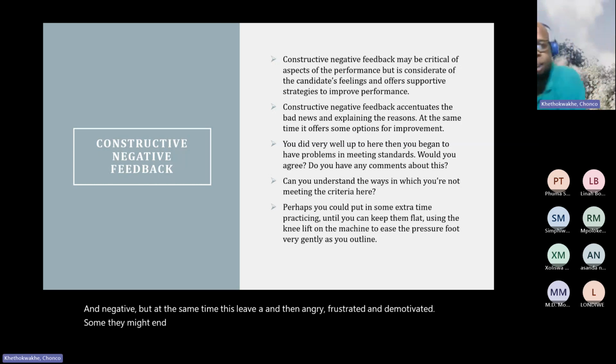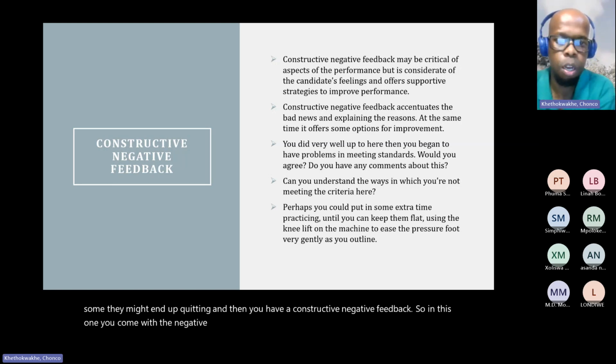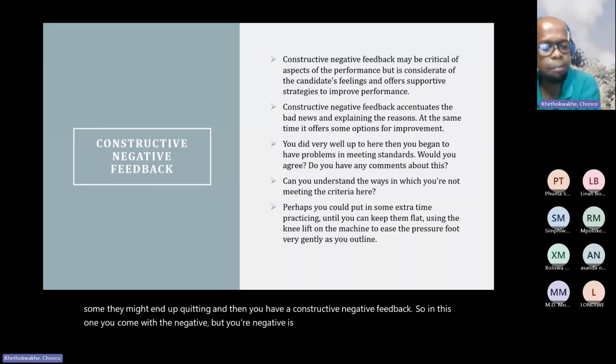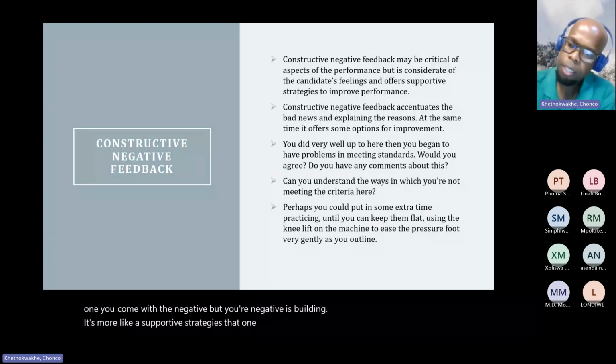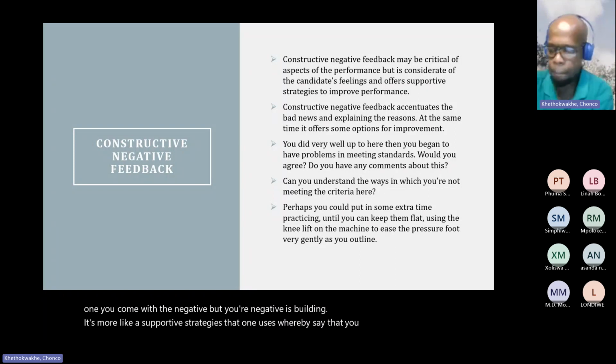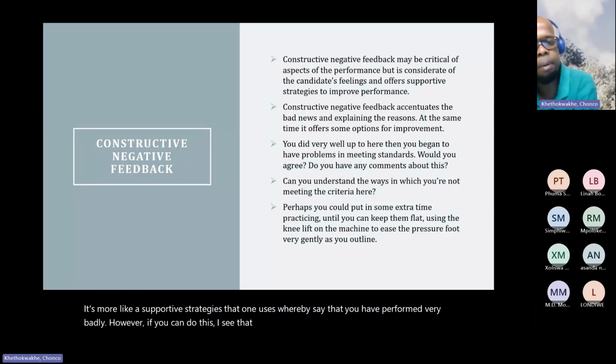And then you have constructive negative feedback. In this one, you come with the negative, but your negative is for the purpose of building. It's more like a supporting strategy, whereby I say that you have performed very badly. However, if you can do this, I see that there's something that can come up.